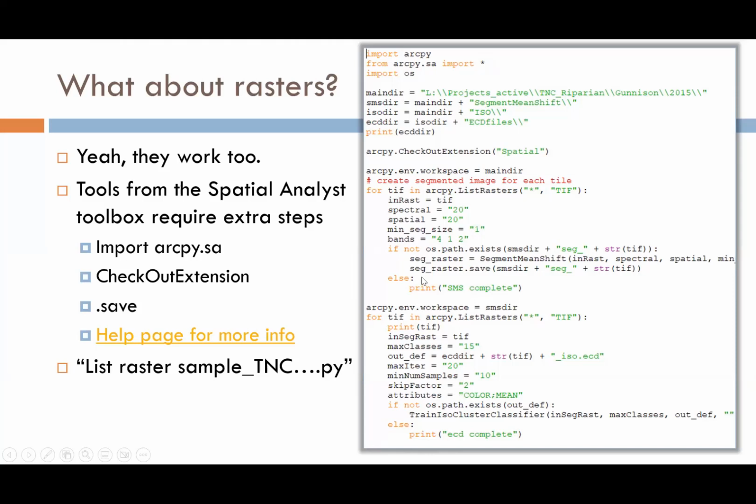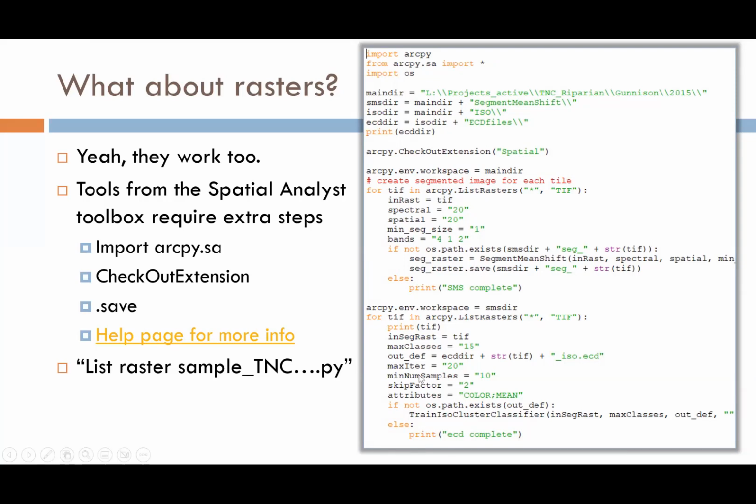And then in the next line, we do seg raster.save, and it figures out what subfolder it should go into and then makes it the output name. So that's what you need to do anytime you run something from Spatial Analyst. For Network Analyst, you also have to deal with licensing. But for Network Analyst, I don't think you have to do the .save.